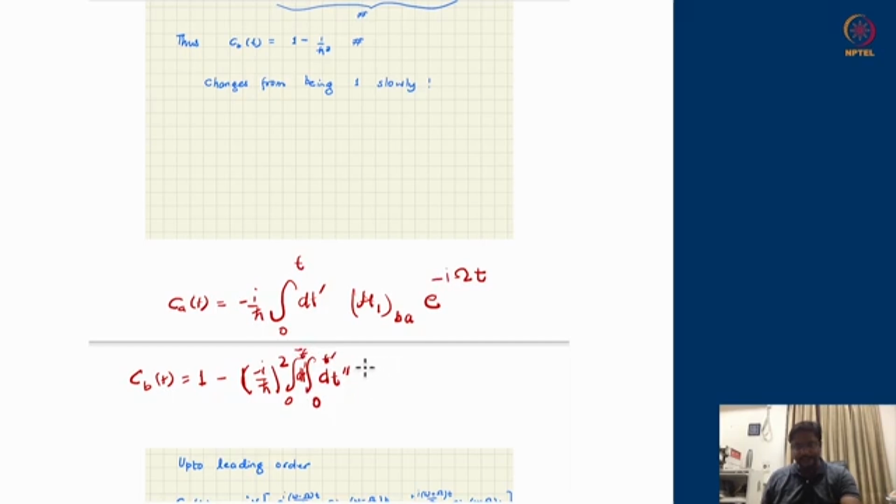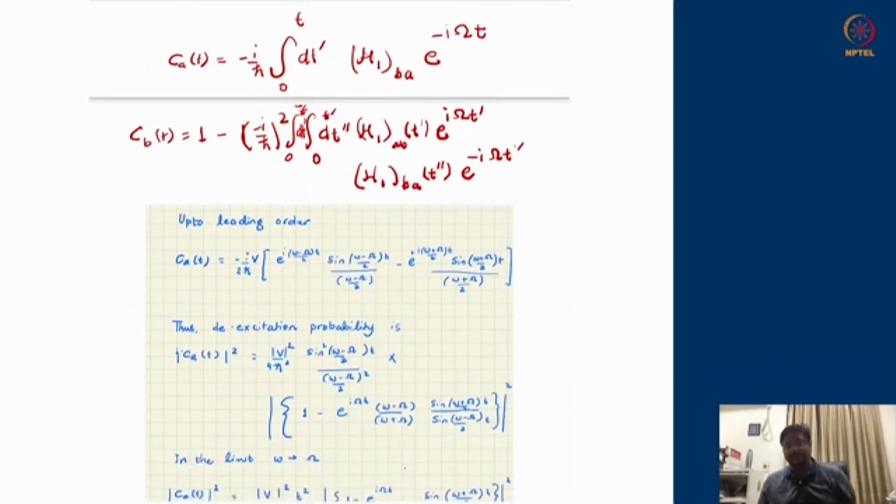And then inside I have h1 ab as a function of t prime and e to the power I omega t prime, and as well h1 ba of t double prime and e to the power minus I omega t double prime. So these are the two guiding equations which we will have.